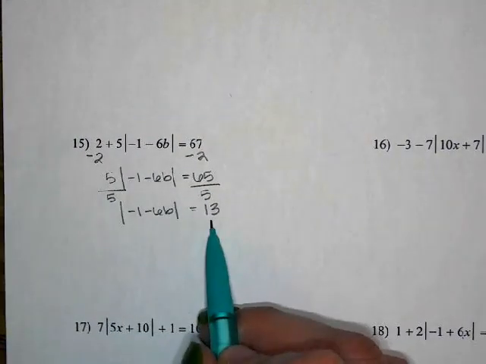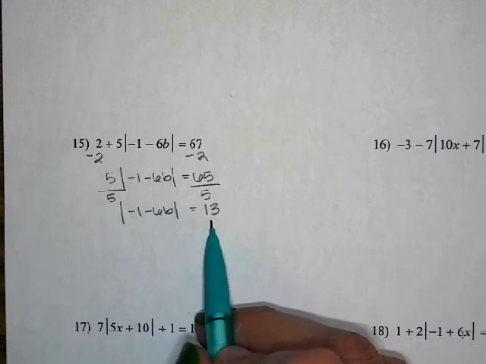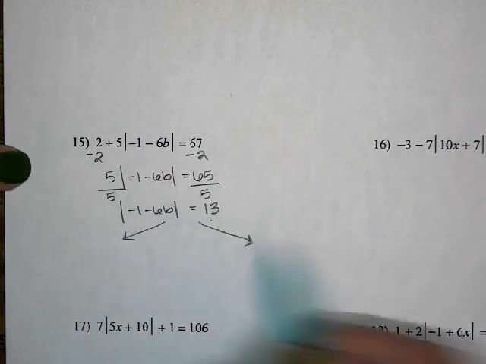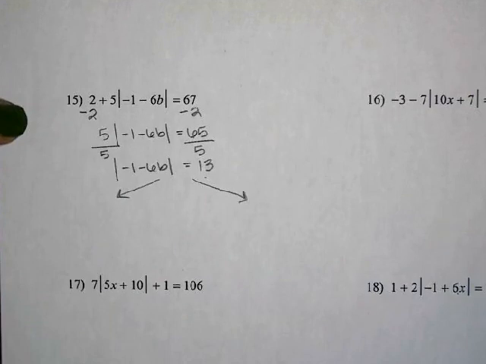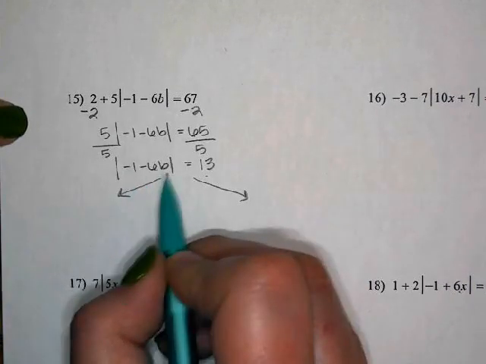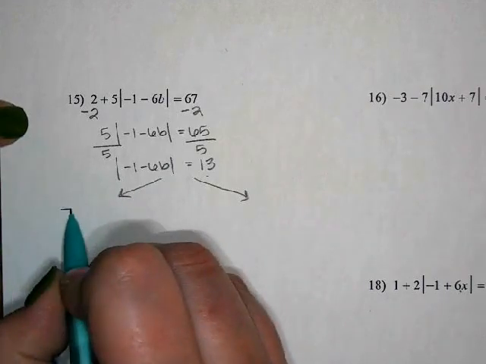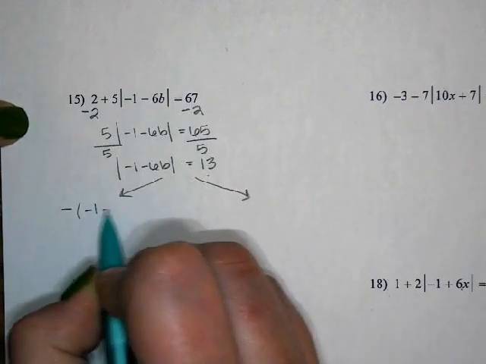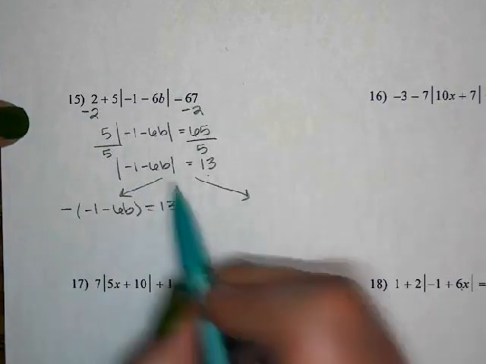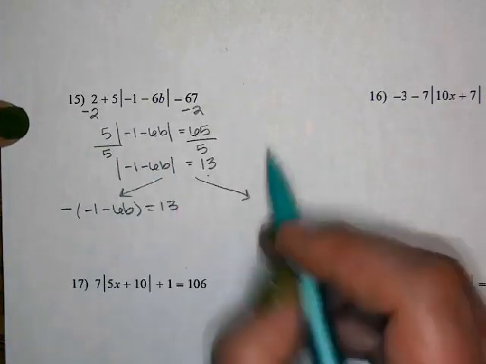Keep going. Okay, so there are 2 versions. What are the 2 versions? Negative and positive. So the inside could have been negative, and so it had a distance of 13. Or the inside could have stayed the same and have been a distance of 13.